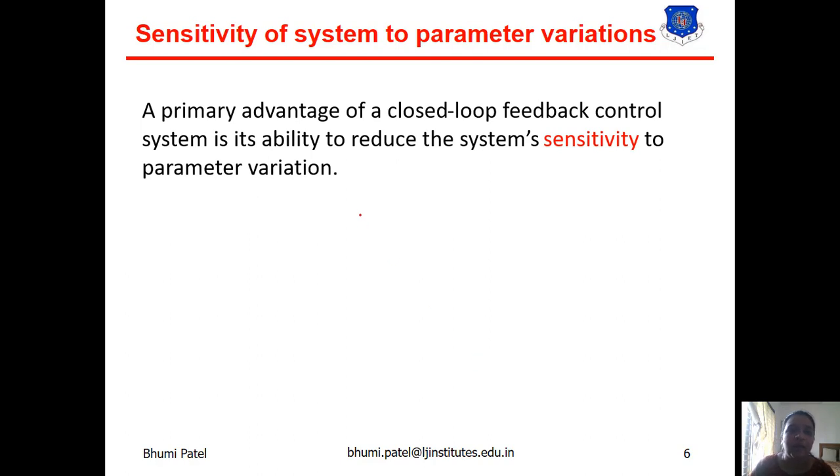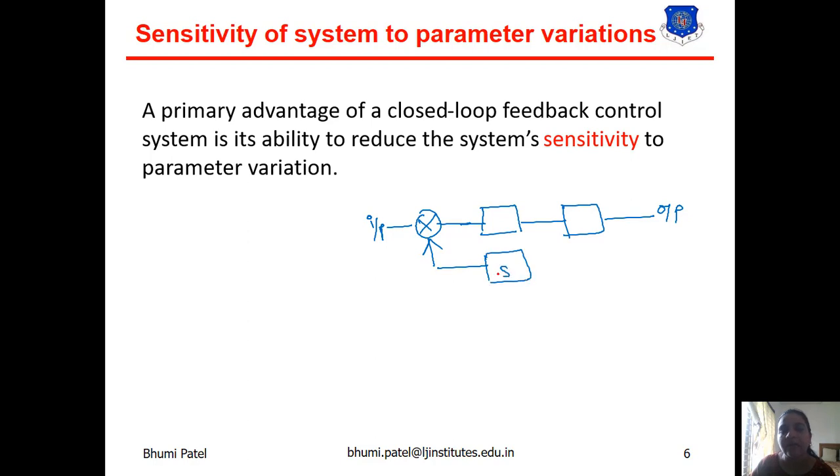Now, the primary advantage of the closed loop feedback control system is its ability to reduce the system sensitivity to parameter variation, because in the closed loop system, as you already know, we have an input signal, a system controller, an output signal, and we can use a sensor as a feedback element.